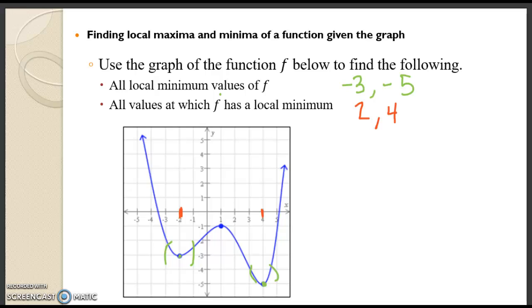So if it says what points are the local minimums, we would have a point at 2, -3, and a point at 4, -5, right? So the local minimum values of f are the y values. The values at which f has a local minimum are the x values. Okay?